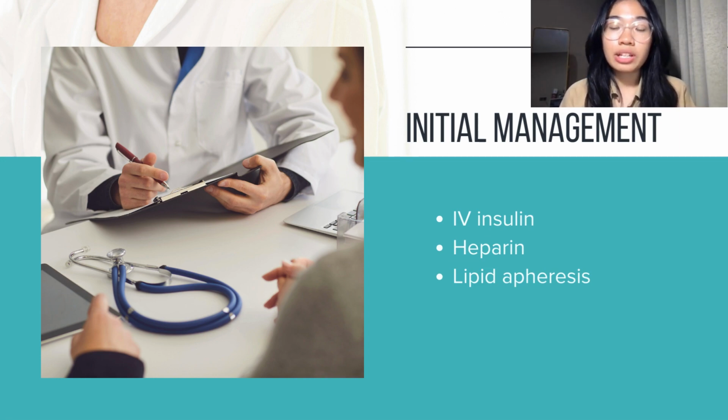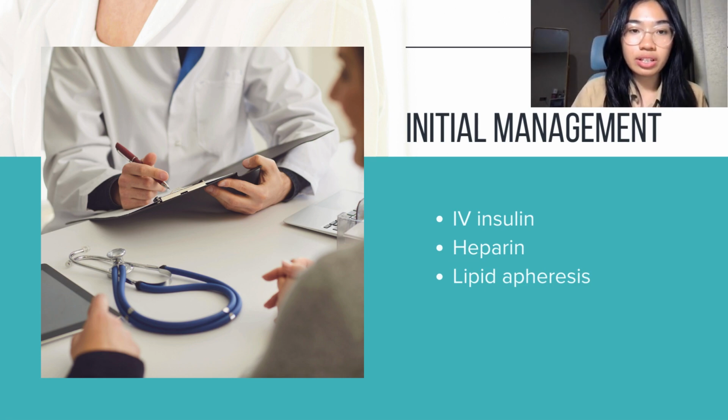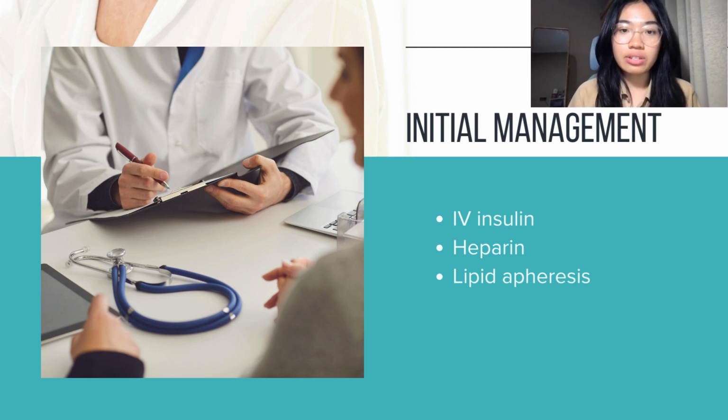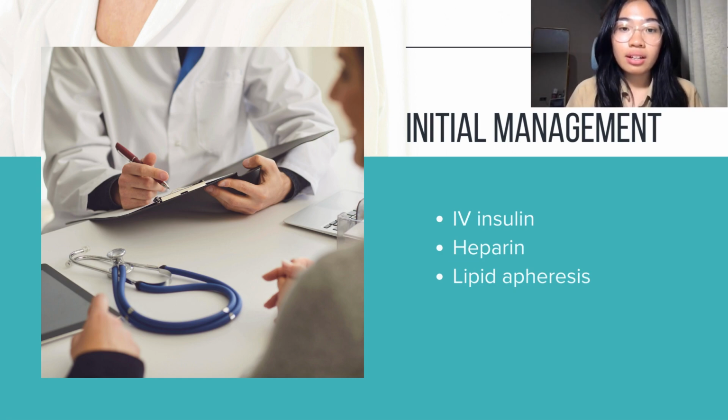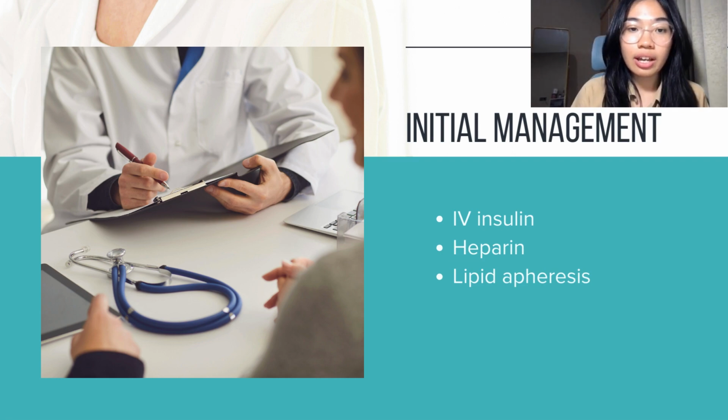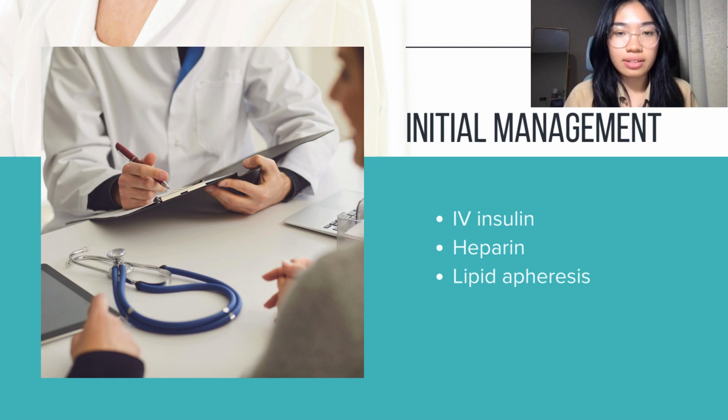So the initial management is to measure the triglyceride levels because they need to be monitored early, as levels can decline rapidly within 48 to 72 hours. Treatment options to lower triglyceride levels are IV insulin, heparin, and lipid apheresis.